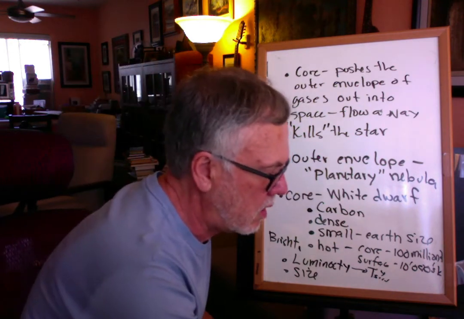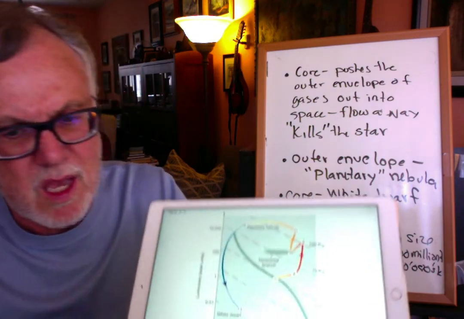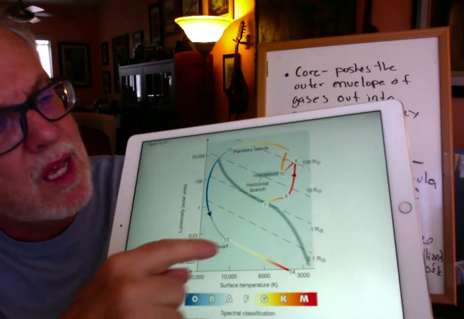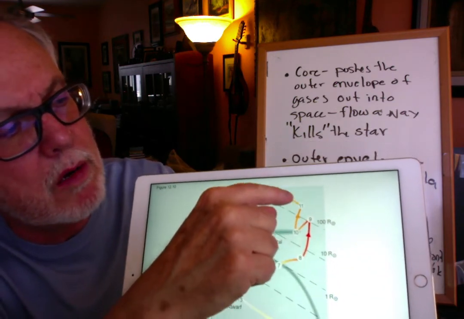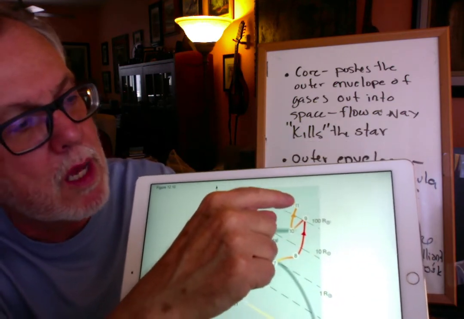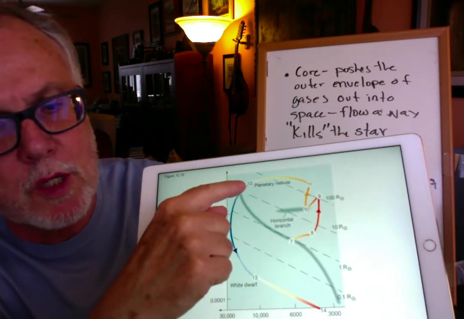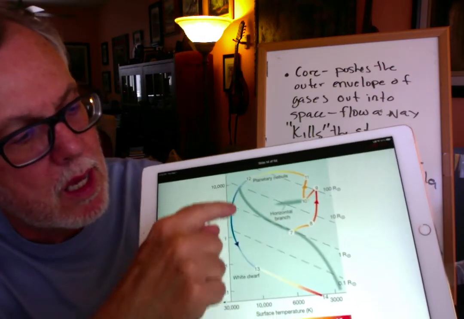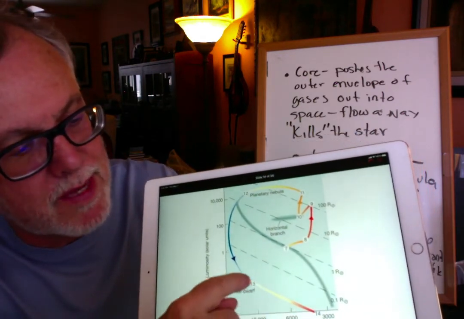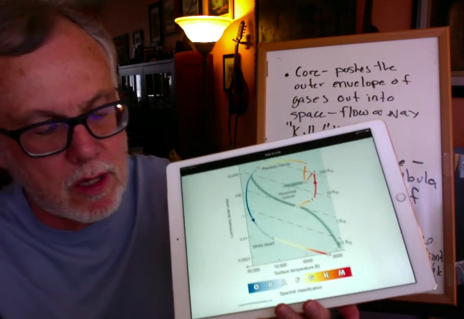So as a star dies then, what happens is as it gets hotter and hotter, it gets brighter because it gets so much bigger, and then as the gas begins to push away into space, planetary nebula is up here, and the white dwarf ends up down here on the lower left of the HR diagram.